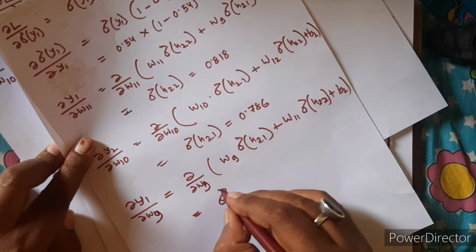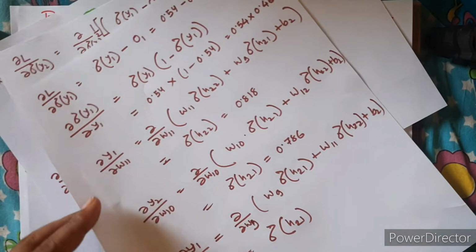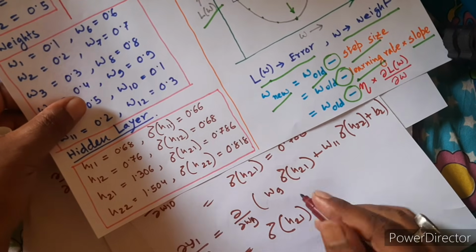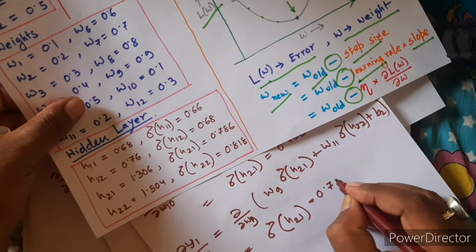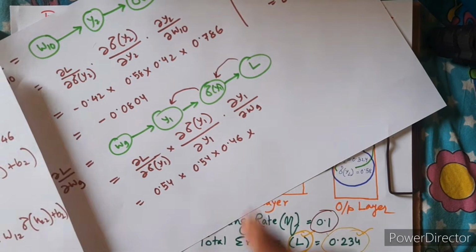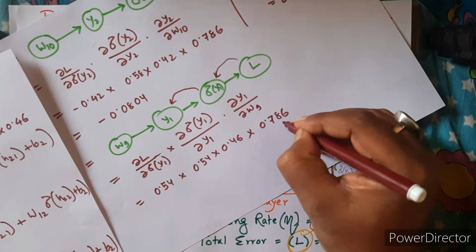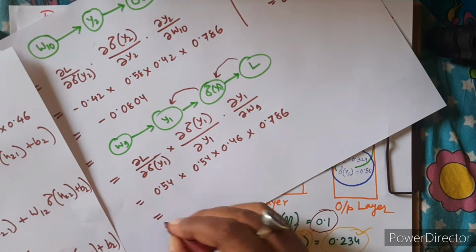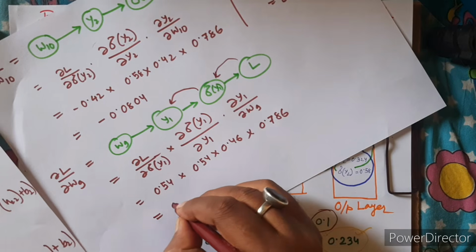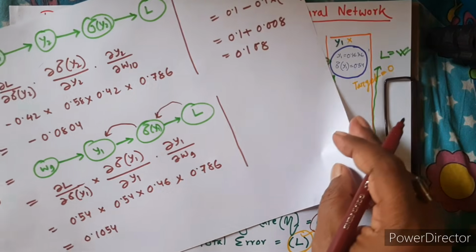Taking everything else constant, it will be sigma of H21, which is 0.786. If you calculate, this will be 0.1054.